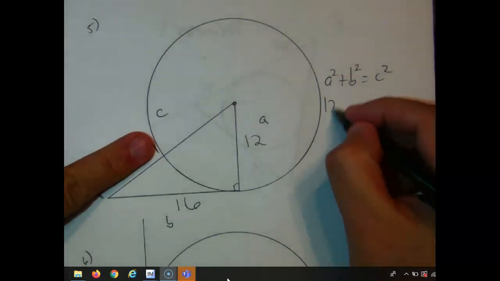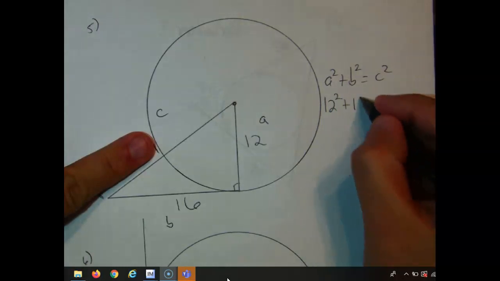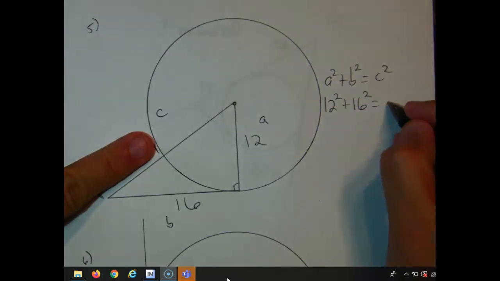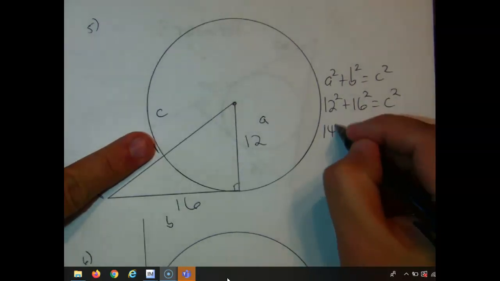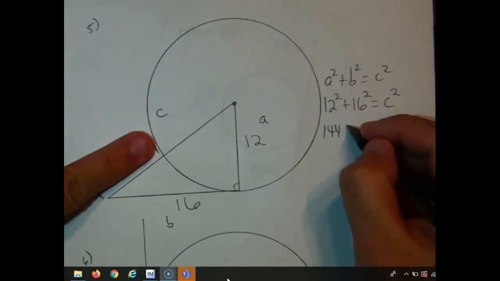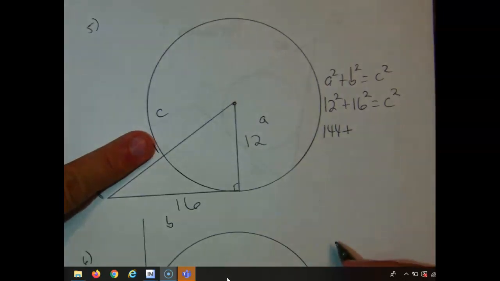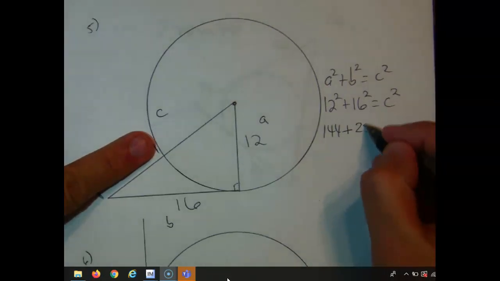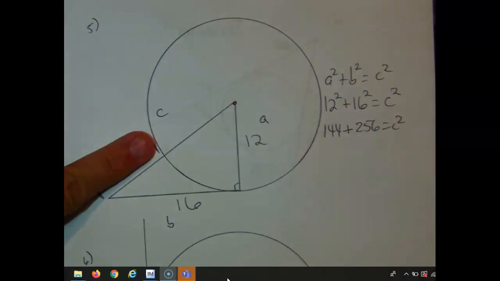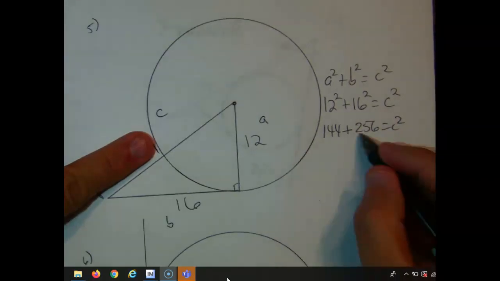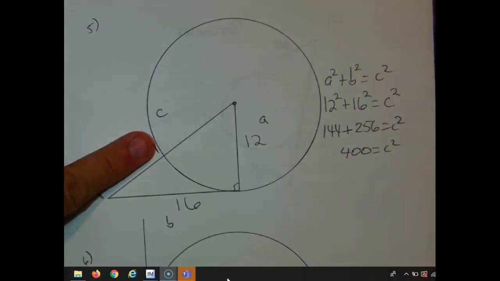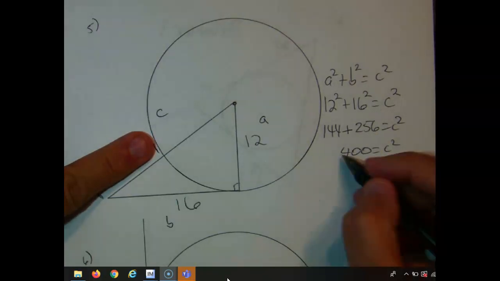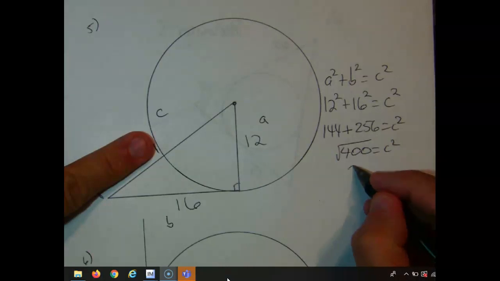So this is 12 squared plus 16 squared equals c squared. 144 plus 256 equals c squared. 144 plus 256 is 400. That's equal to c squared. Take the square root and you get 20.